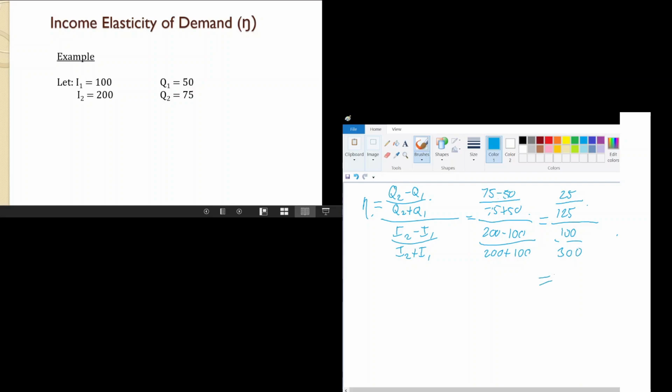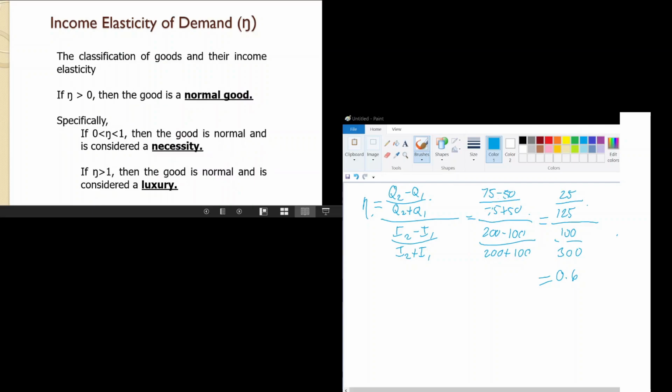Okay, so try to compute it in your calculator and it will give you ilan? 0.6. Okay, 0.6. Okay, so before we interpret, ipapakita ko na sa inyo kung paano ba yung interpretation natin.